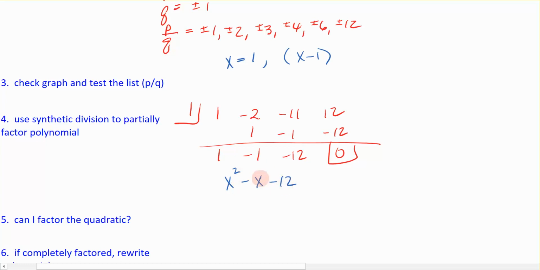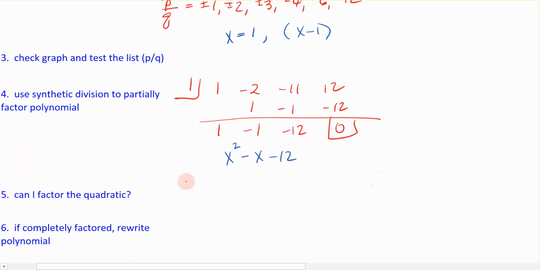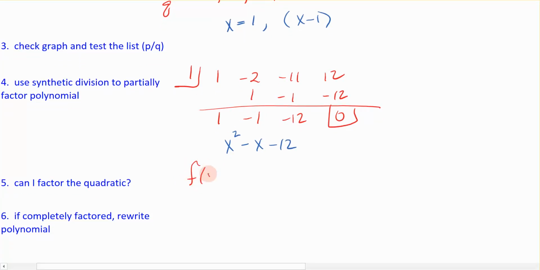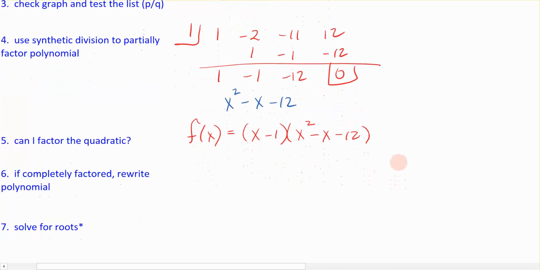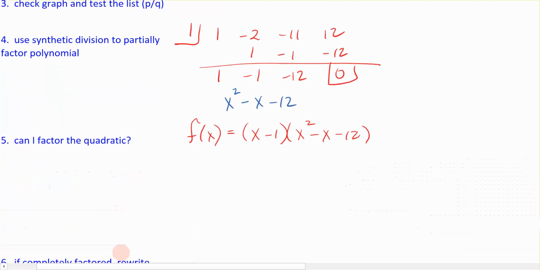Sure I can. So let's go back and we're going to rewrite what we've got so far. F of x is equal to my first factor I found, x minus 1, times this quadratic, x squared minus x minus 12. And I'm going to factor this guy.